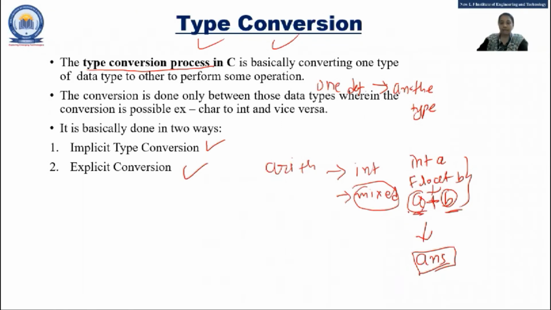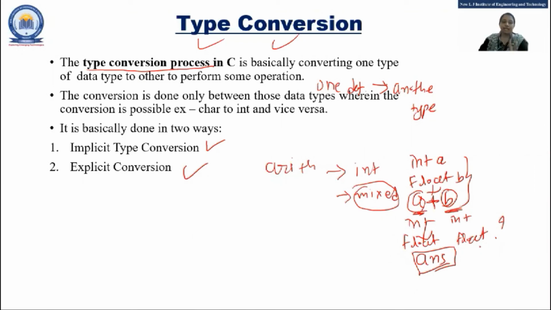So now A and B. The question is either A is converted into float or B is converted into integer. Again, the data type must be the same, so either both should be integer or both should be float. So it depends upon us.